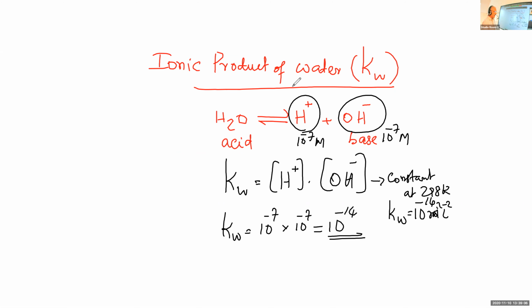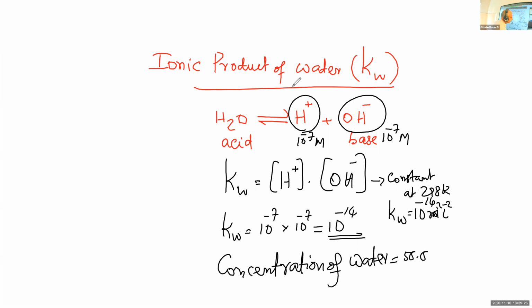If you calculate the concentration of pure water, the concentration of pure water is a constant, and that is equal to 55.55 mole per liter. You calculate the concentration of pure water in terms of the number of moles per liter.